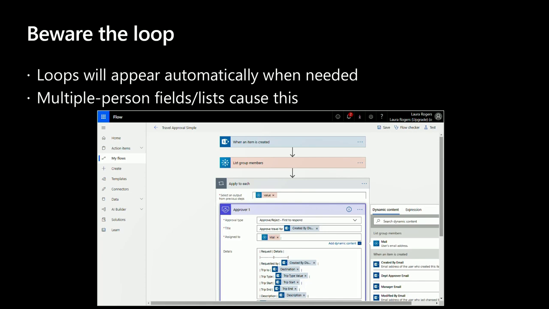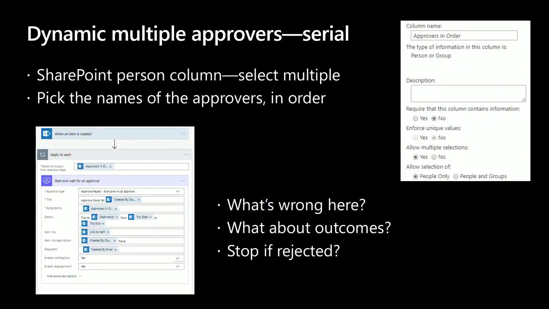There are some concurrency settings in the settings of that loop to define how many we will go to at the same time. But the problem with dumping this long list of people into a loop is that you do have a serial approval, but it's going to go to everyone no matter what. It's not going to look to see if they approved or not. It doesn't care. It's just looping through all the people's names. So that's where it starts getting really tricky.